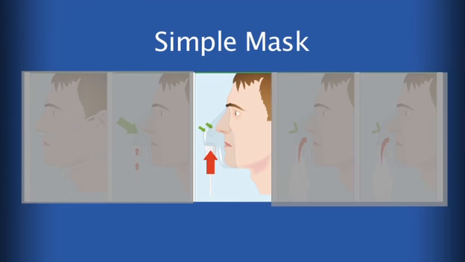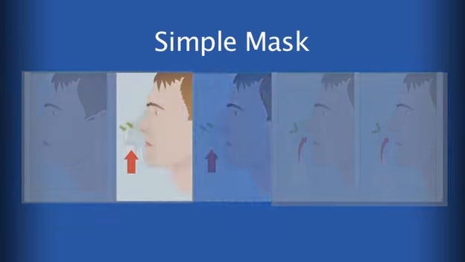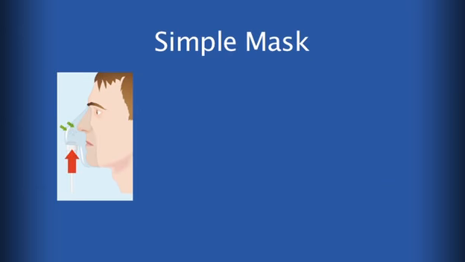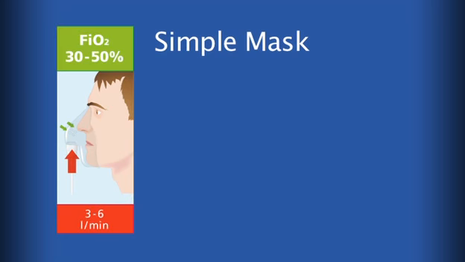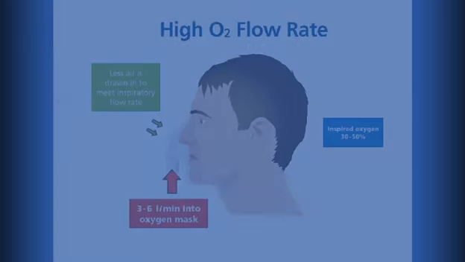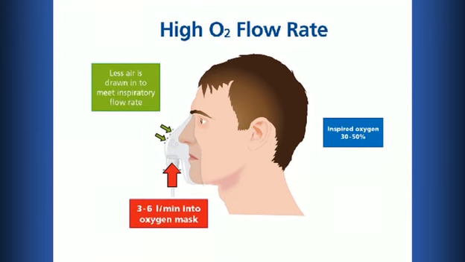Simple face masks with high oxygen flow rates. If oxygen is delivered at moderately high flow rates of between 3 and 6 litres per minute through the same simple face mask, then the inspired oxygen concentration may reach 30% to 50%. As with these higher flows of oxygen, less air is drawn in to meet the patient's peak inspiratory flow rate.